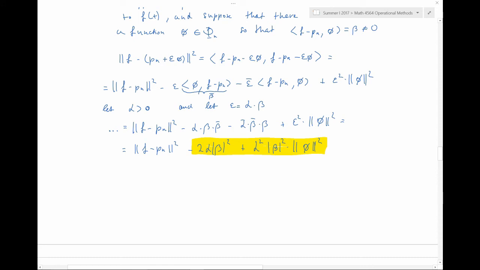Therefore any value alpha can take in between those two roots will make this particular number negative, and therefore for some small alpha the expression minus 2 alpha norm of beta squared plus alpha squared norm of beta squared times norm of phi squared will be negative.